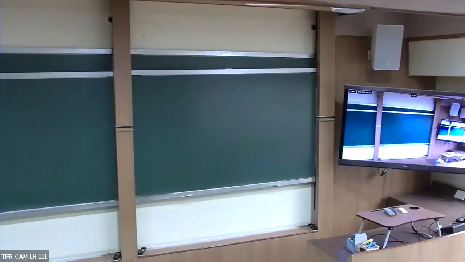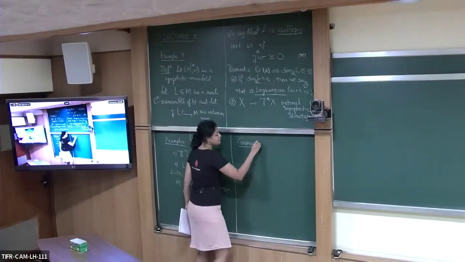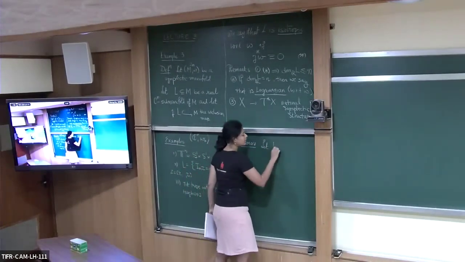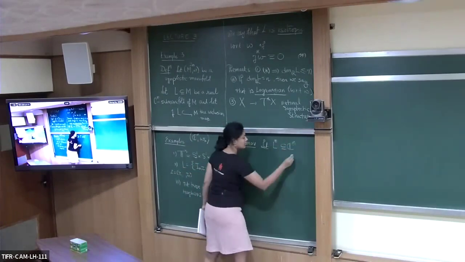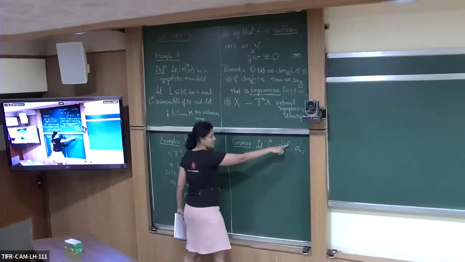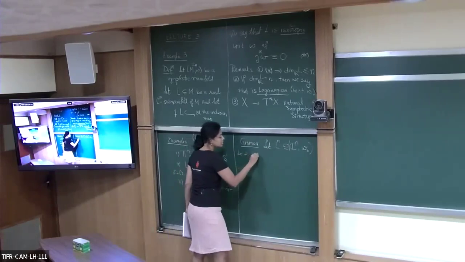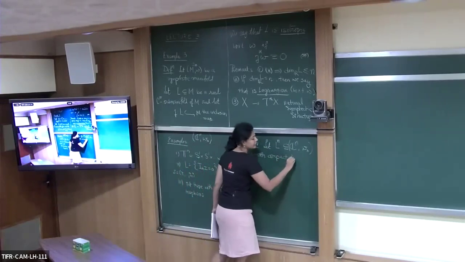Okay, so the result I want to mention is actually from the same paper of Gromov's. Let L be, and I'm always going to take the real dimension to be half the real dimension of the ambient space, a smooth, compact Lagrangian.